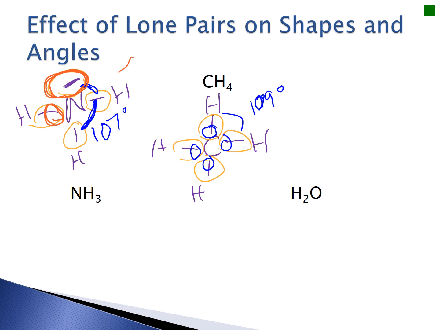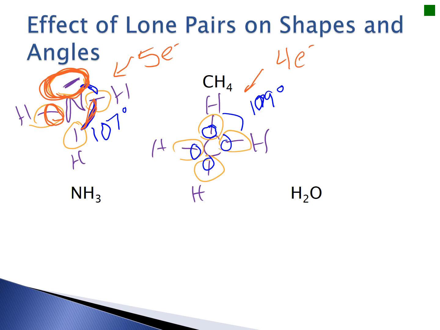And because this has 5 electrons, whereas this has 4 electrons, you're going to have to divide up the space a little bit more. Lone pairs tend to take up more space because they have those 2 full electrons on that central element at all times. So your angle actually decreases the more lone pairs you have.